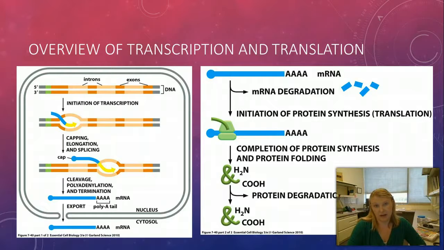Remember, it has to be MET for the AUG start codon, and then the larger subunit will join and we'll go through the process of translation. Once we reach a stop codon, the release factor will come in and release the large and small subunits from the mRNA. Either that mRNA will then be degraded based on the sequence in the tail, or it will be set to be remade into the same protein again.